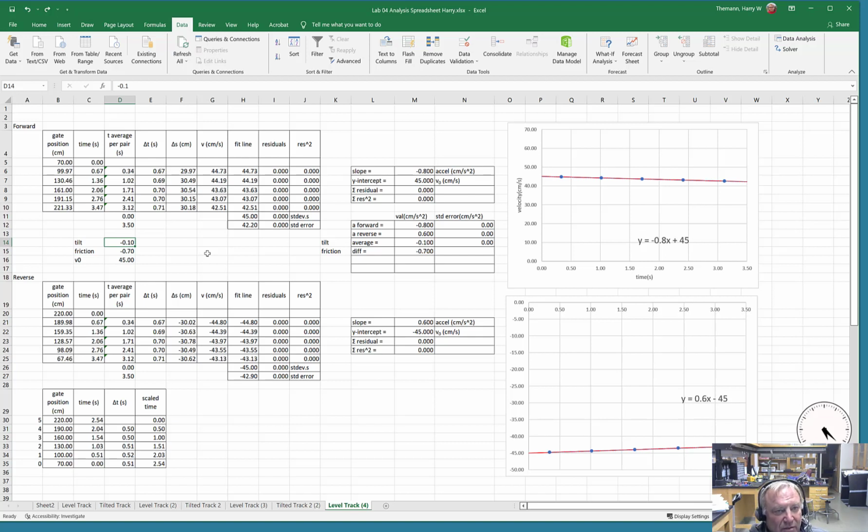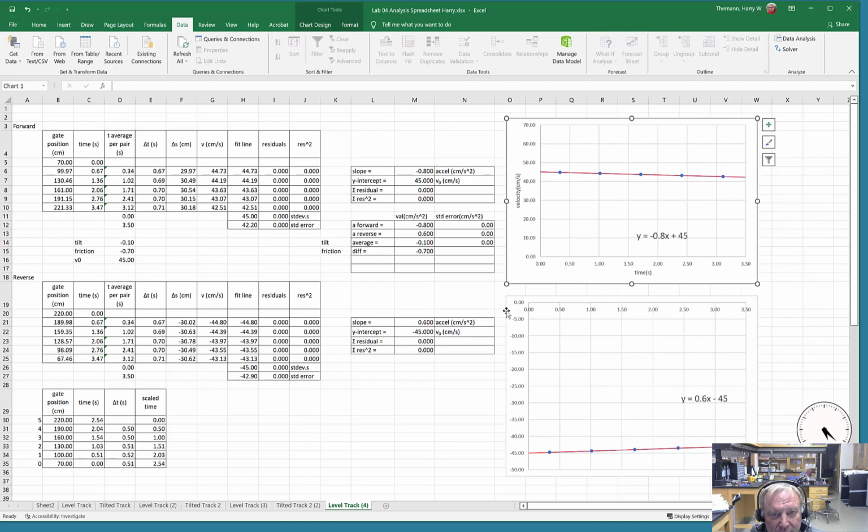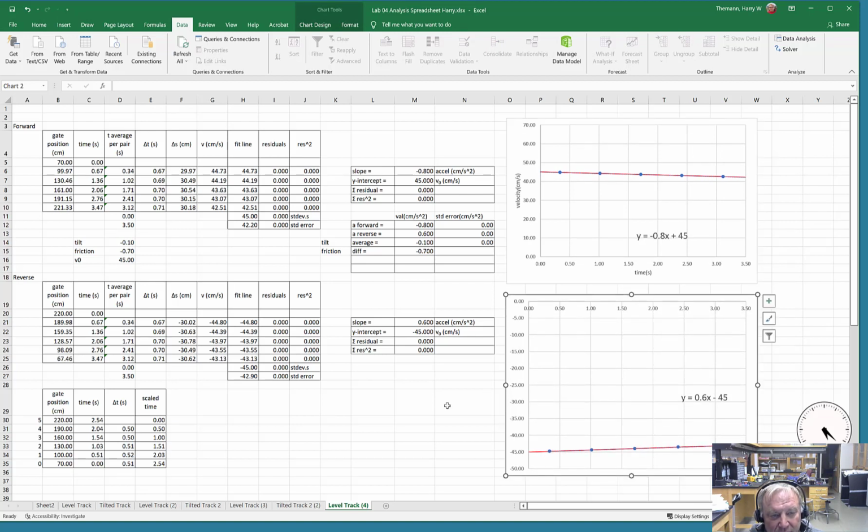That's a positive tilt. Friction is always negative because it's always going to act against what's going on. So if you look at these two graphs, we have the forward direction up here, the reverse direction here.